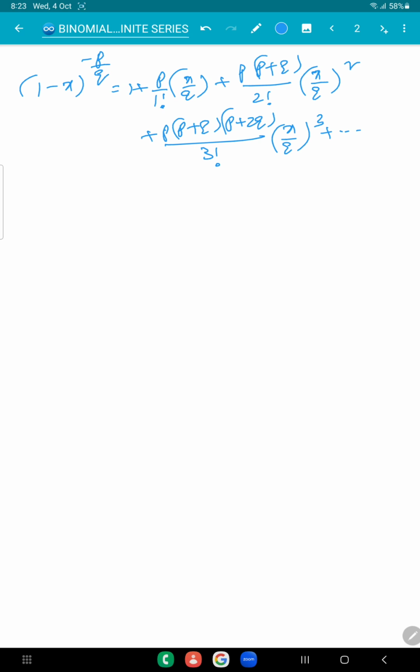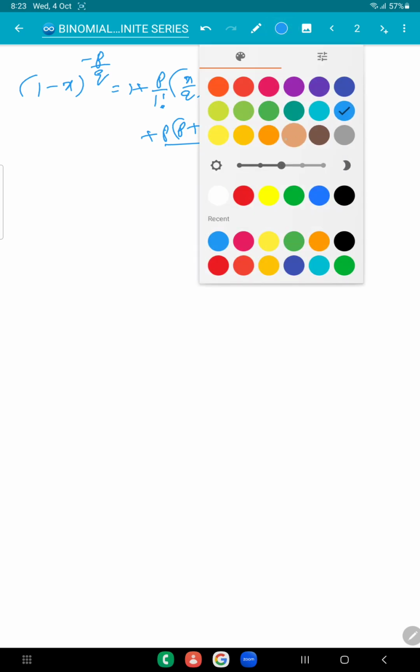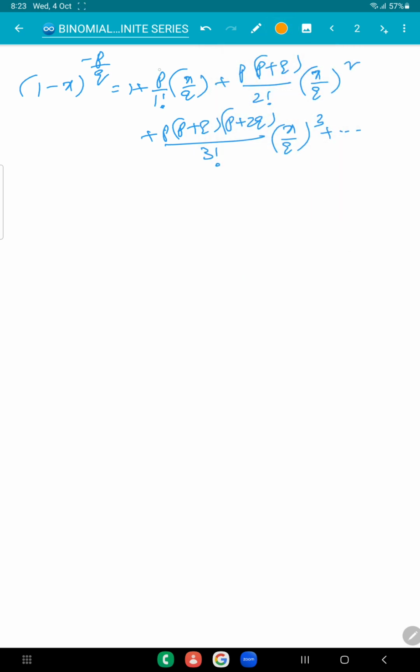Let us observe this series. Suppose only one letter is there in the numerator; we have 1 factorial, and this number is the power of x by q. Similarly, the next letter increases in AP, so p plus q is added to p.